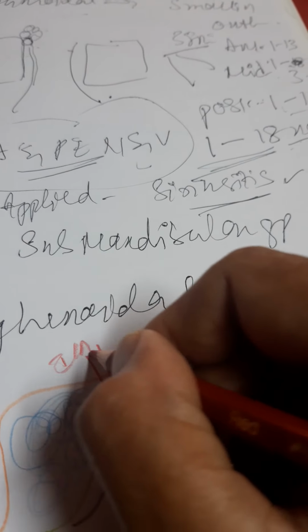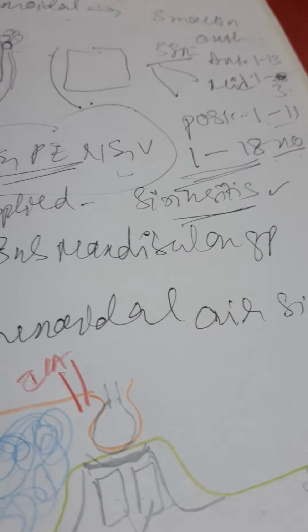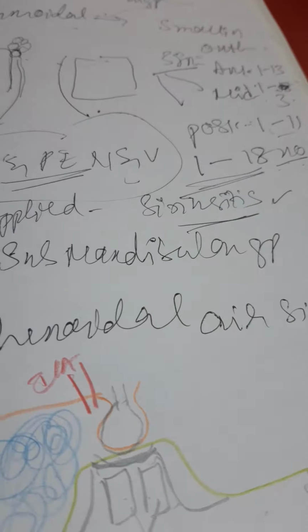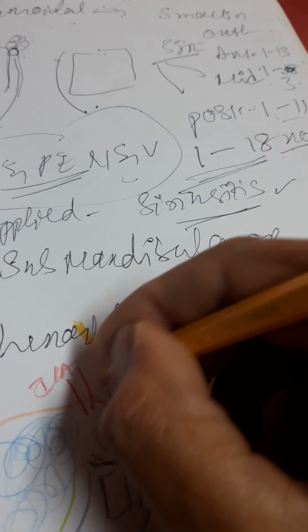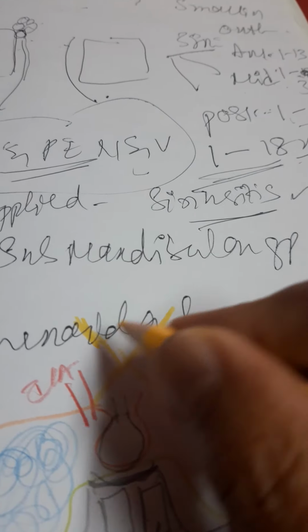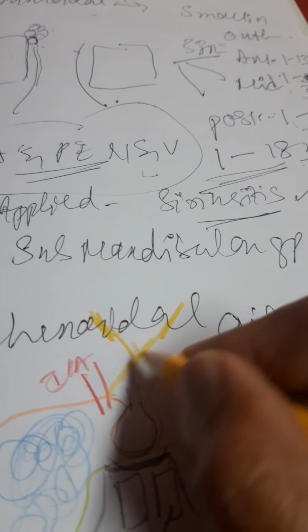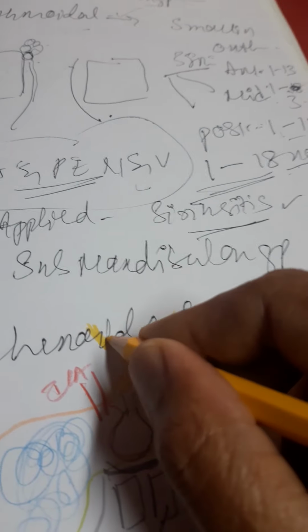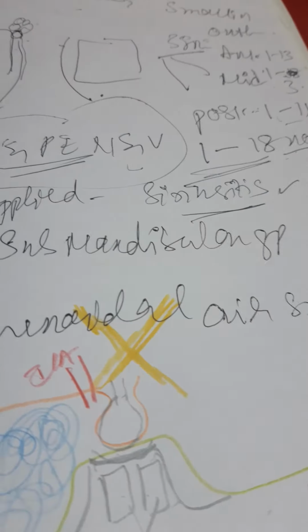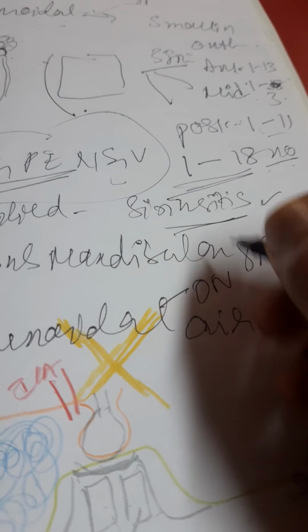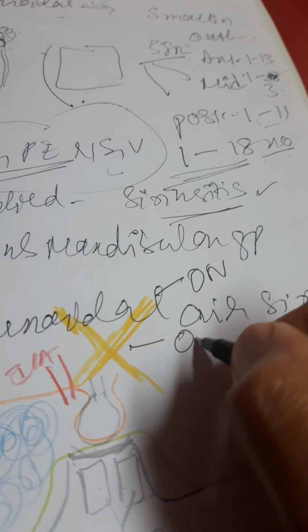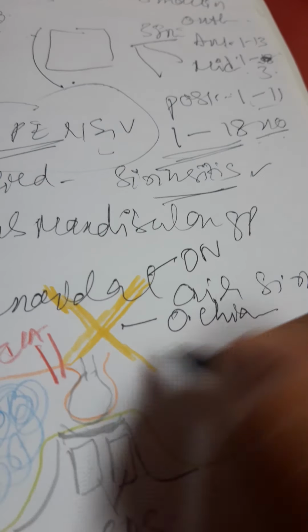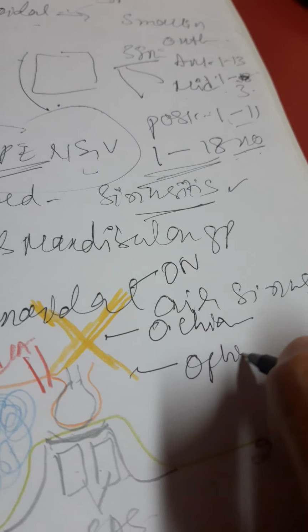So this was the internal carotid artery. Then we could see here the optic nerve, optic chiasma, and then the optic tract. So this was the optic nerve. This is crossing as the optic chiasma, and now this is the optic tract.